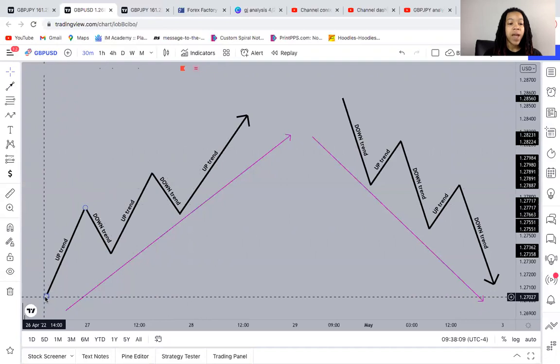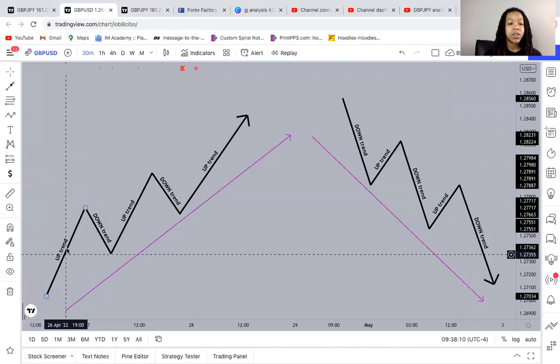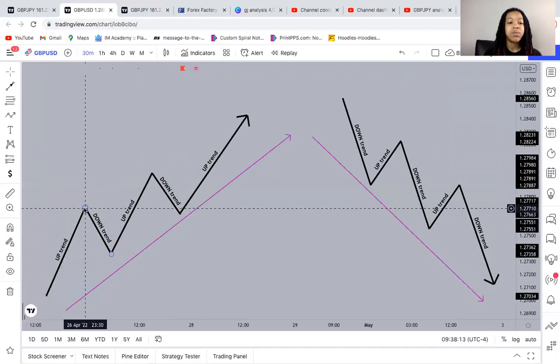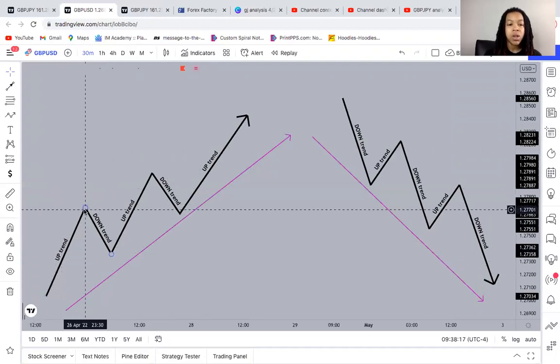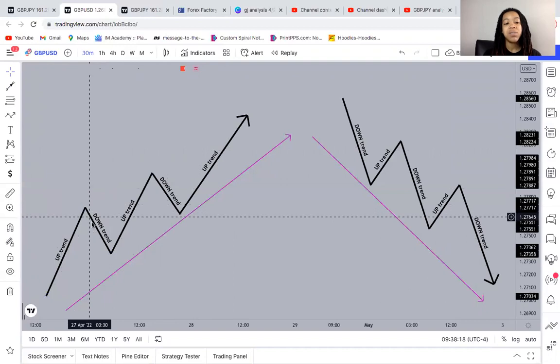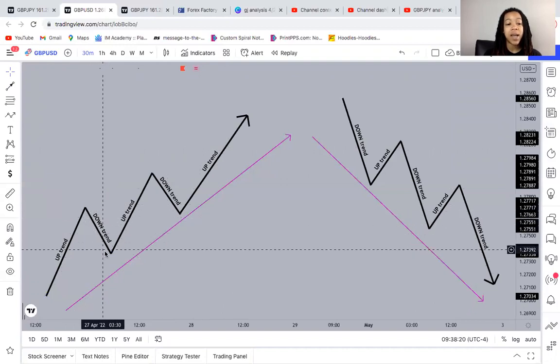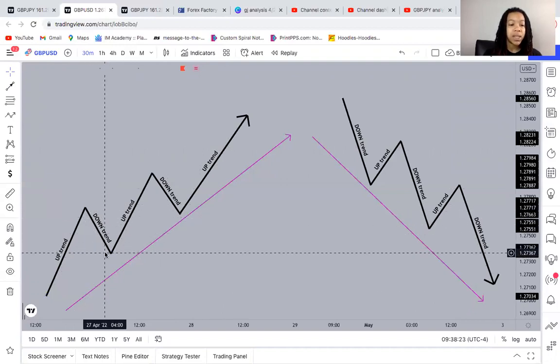As this price is making its overall move to the upside, this is all price for sure in an uptrend. Then once we start to see these pullbacks, the market moving to the downside, pulling back to get some momentum, this is what we consider a downtrend inside of our overall uptrend.